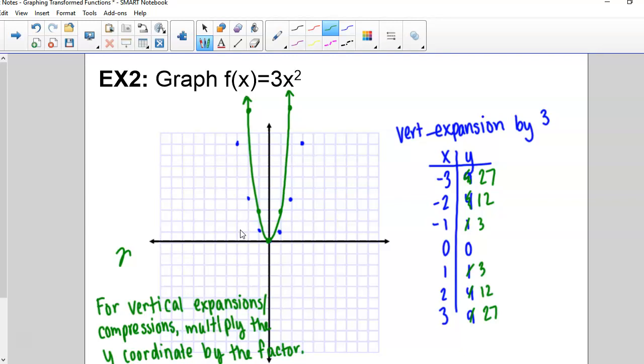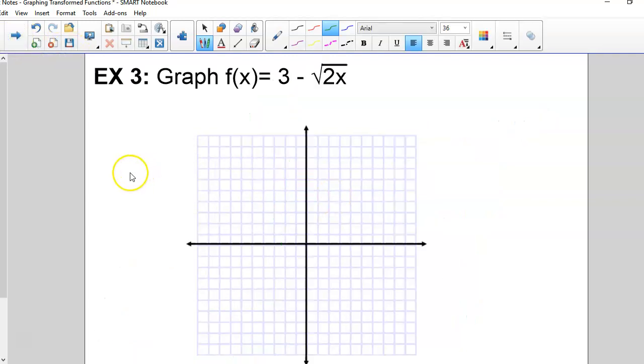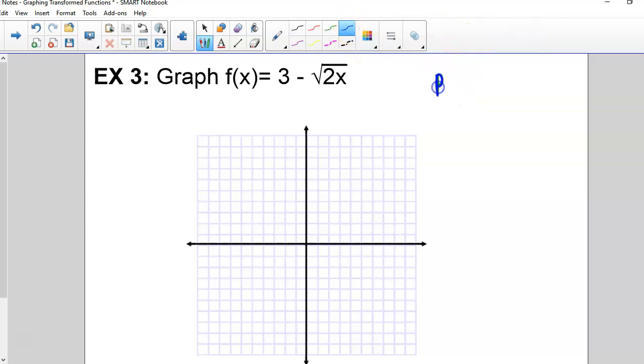Okay, questions on example 2? Alright. Okay, example 3. Here we're dealing with a square root function as our parent. Our parent is y equals the square root of x.